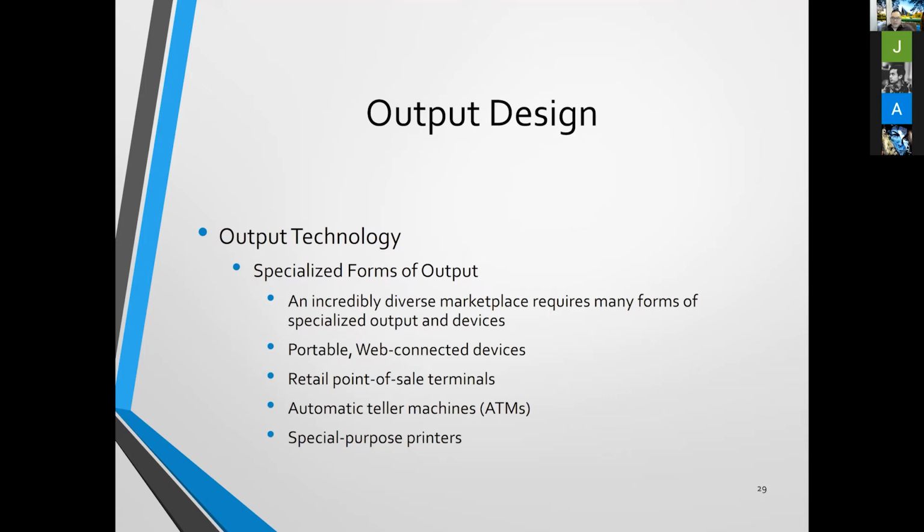Some businesses need portable and web-connected devices. For example, if you see in front of your house people from the electricity authority or water supply authority going to check the electricity meter or the water supply meter, after they type in some numbers they can print out the invoice to you.